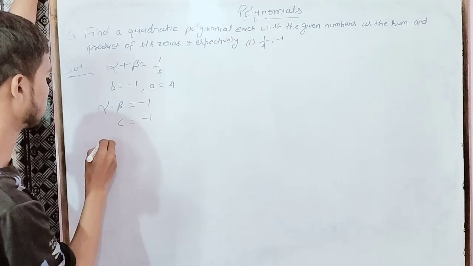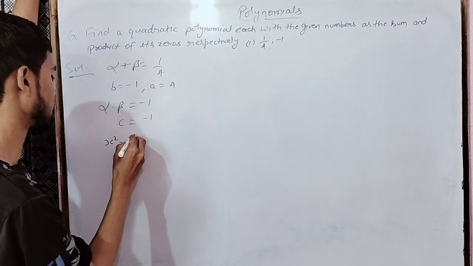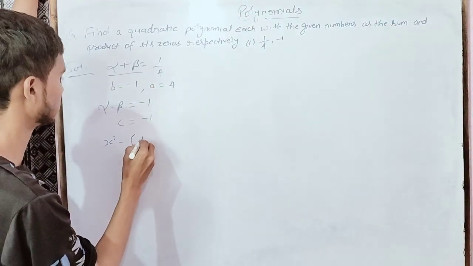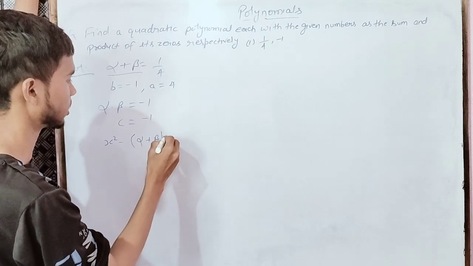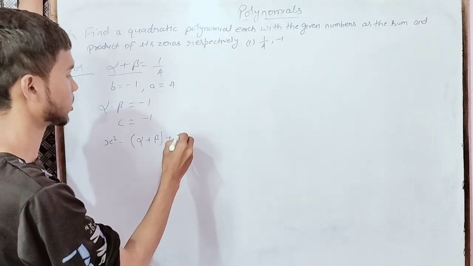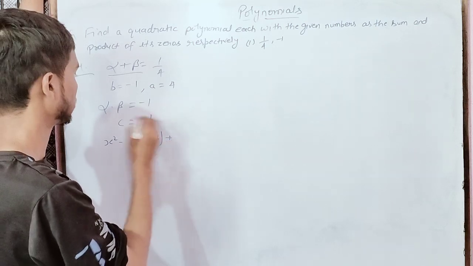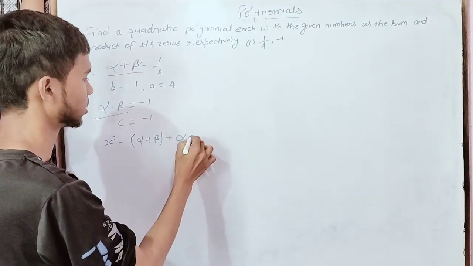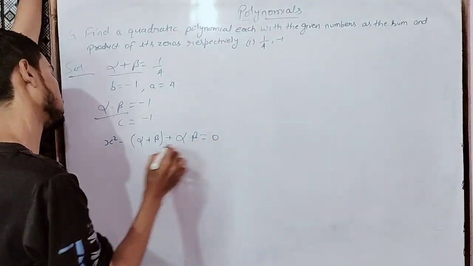Now, as you know, x square then minus, and this is what? Coefficient number. Then next is, this is for constant number.